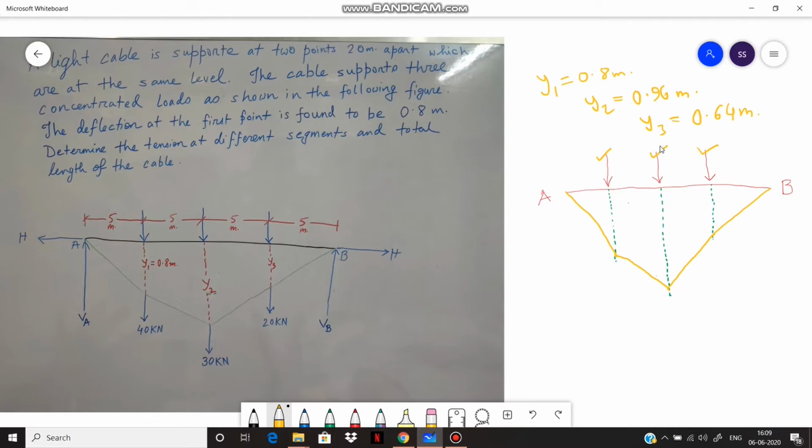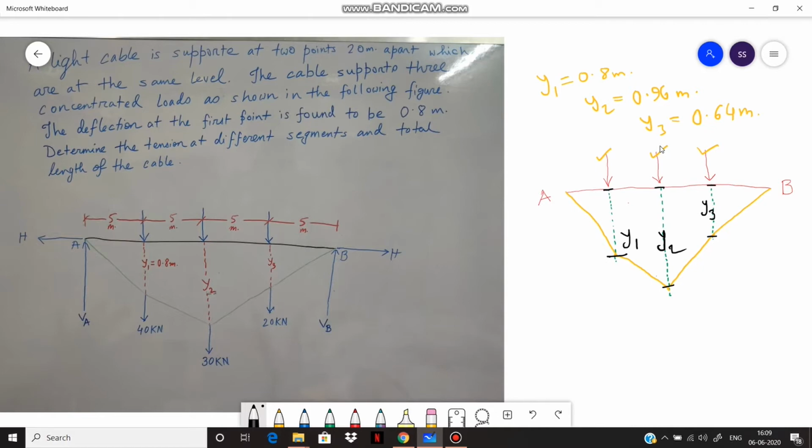So from here to here, this is y1, that is the deflection at point 1, and this is the deflection y2, that is at point 2, and this is deflection at point 3, that is y3.